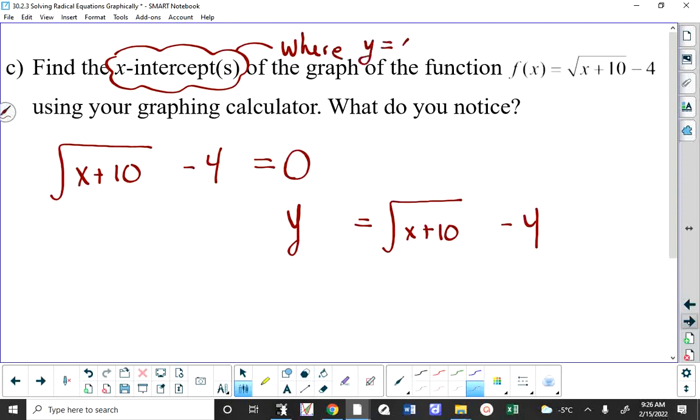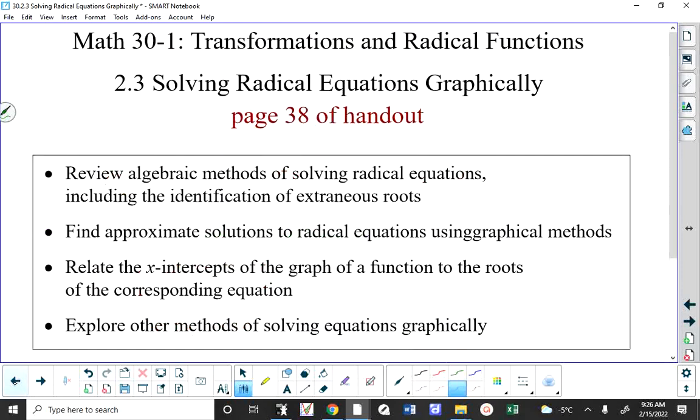That's what you're taught. How do you find an x-intercept? Change y to 0 and solve the equation. So I hope you understand that if we take this function here and change y to 0, it will turn into this equation here, which means the x-intercepts have to be the solution that we found, right? This is the broader picture when I said this third bullet is something you should already understand.